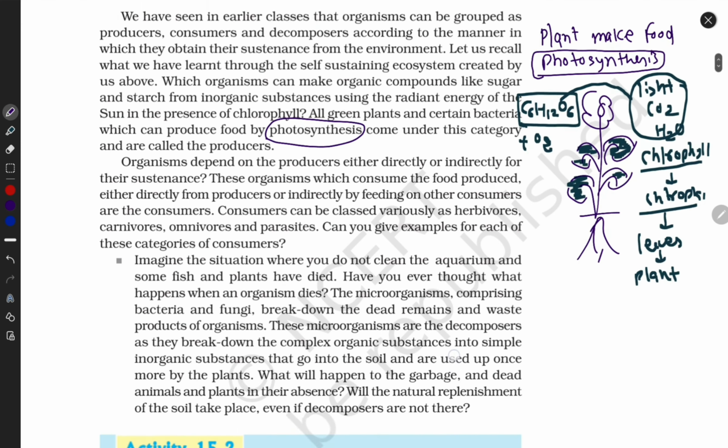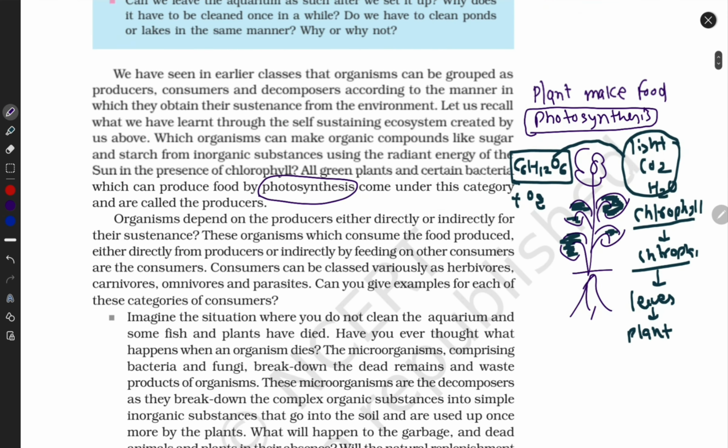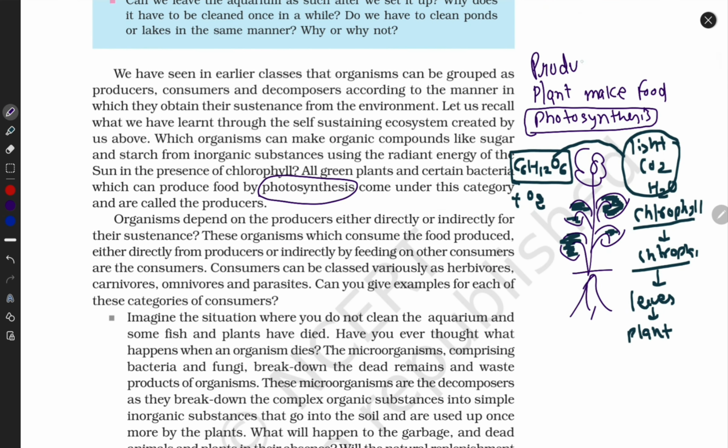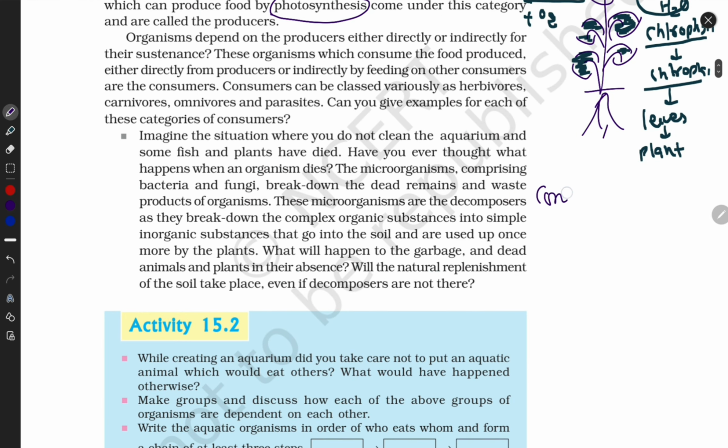And what do you understand by animals? I divide them into parts. Plants are producers, and animals are consumers. There are primary consumers, we call them herbivores.